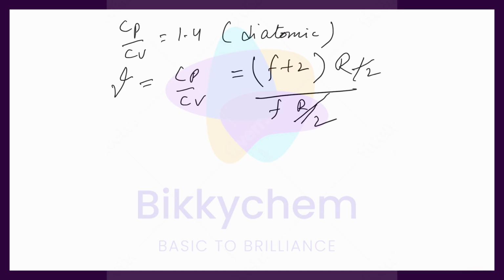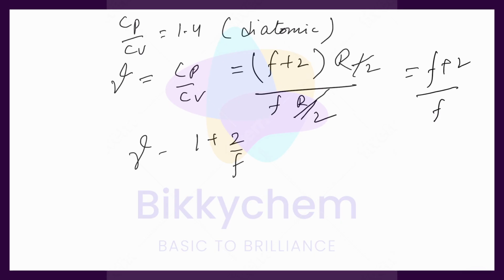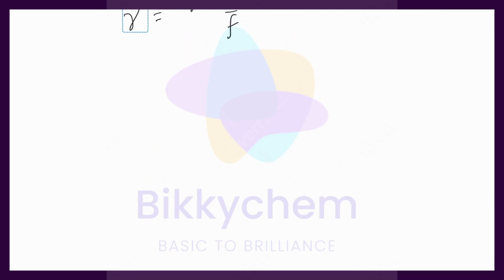So this cancels to give (F plus 2) by F, or 1 plus 2 by F. So this value decides the atomicity, whether it is diatomic or triatomic. I will be referring you to one table that will help you to understand the atomicity.